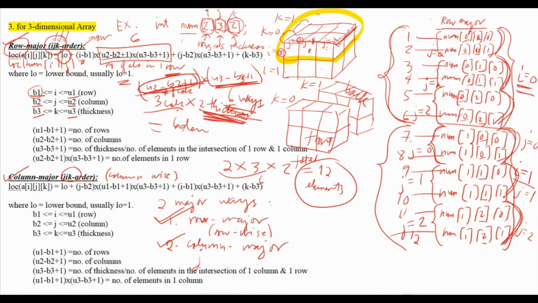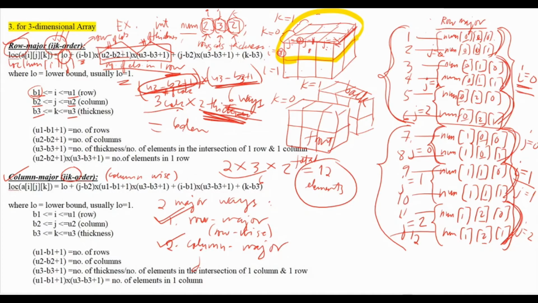That is why this is U2 minus B2 plus 1 times the quantity U3 minus B3 plus 1. Again, this one is number of columns, while this one is number of thickness. Multiply these two, number of columns and number of thickness, that gives you the number of elements in one row.